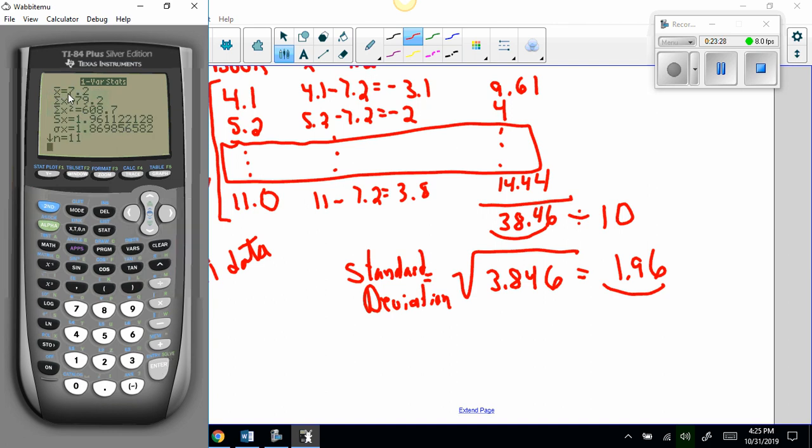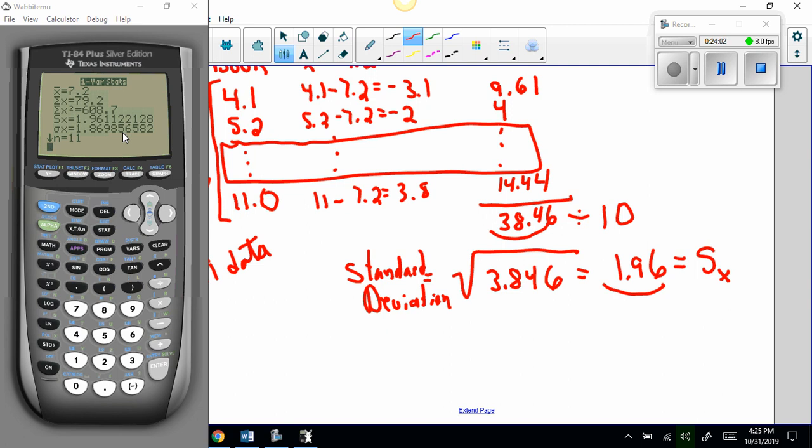And X bar 7.2, see S sub X on your calculator, this is S sub X. Sigma X is very similar to SX, but it depends on whether it's a sample of some data or just basically a large data set. It's an actual data set or a sample of a data set.